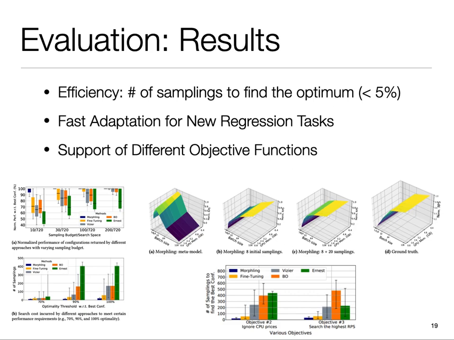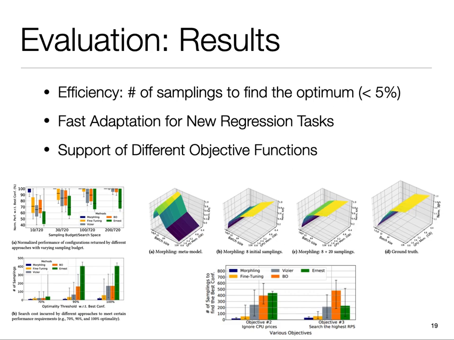As a result, Morphling quickly determines the optimal configuration by sampling less than 5% of the large search space, consisting of over 700 configuration candidates. In comparison, existing auto-tuning approaches require sampling quite a few more configurations to find the optimum.